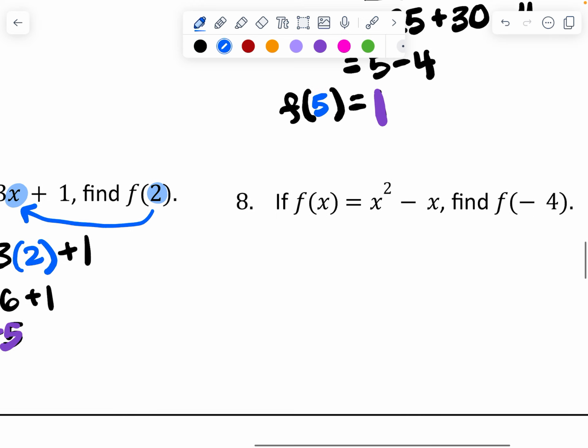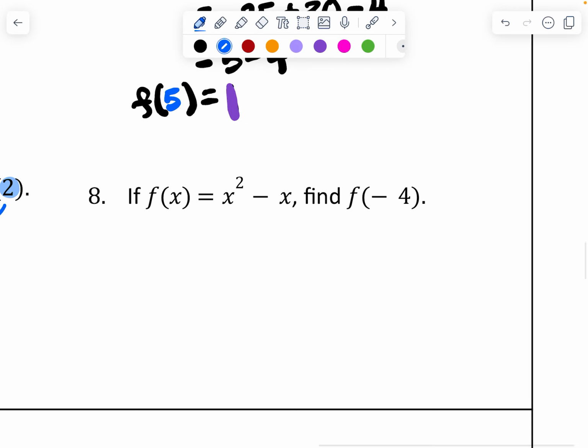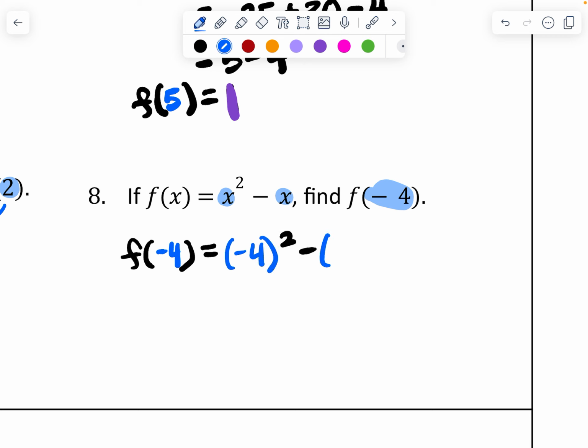Number 8, if f of x equals x squared minus x, find f of -4. So we are putting our input of -4 here and here. F of -4 equals -4 squared minus -4.